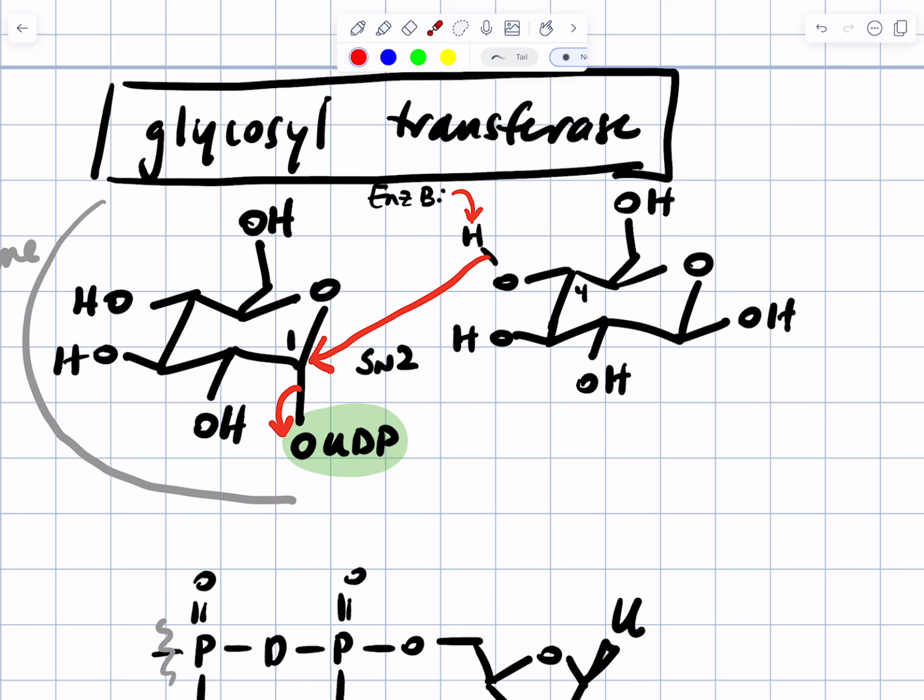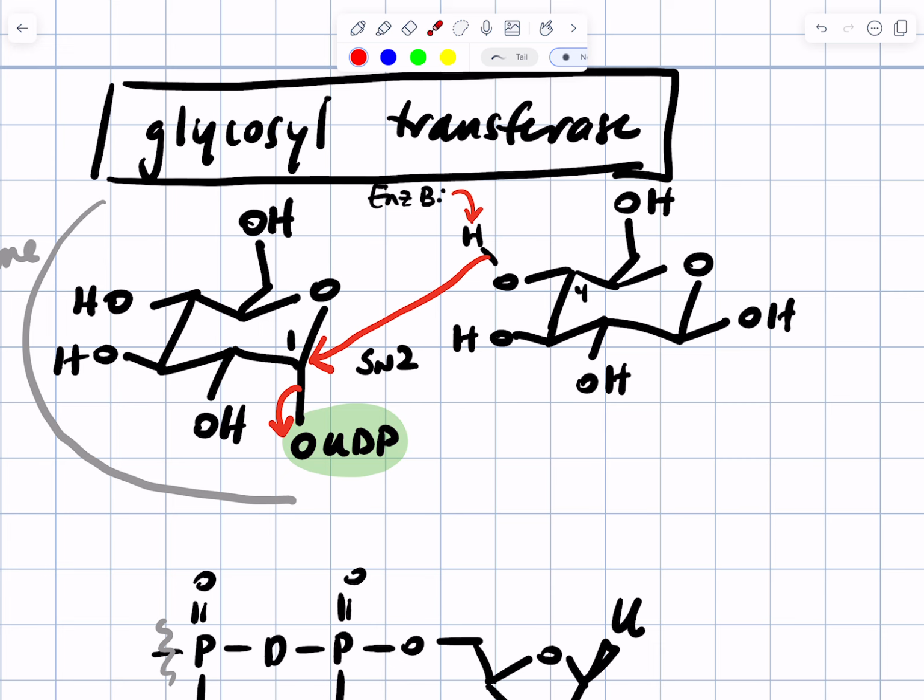So when you see carbohydrates that are complicated and nature makes them, you're like, how did that happen? Why did we not get uncontrolled acetal formation on every OH group? The answer is because the enzyme basically acted as a protecting group.